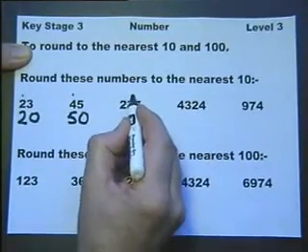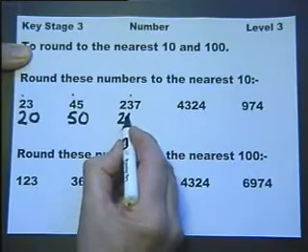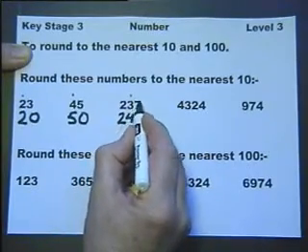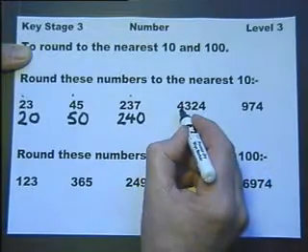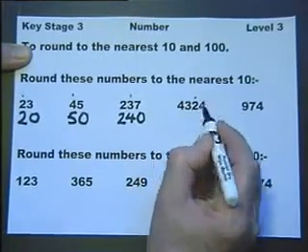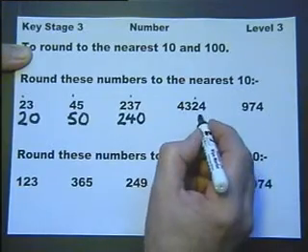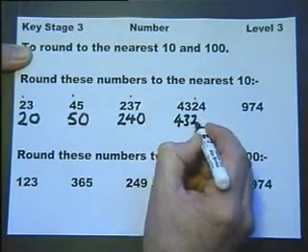237. The 3 is in the tens column, so the 3 rounds up to a 4 because the next number is 5 or more. 4,324. The 2 is in the tens column, so we get 4,320.